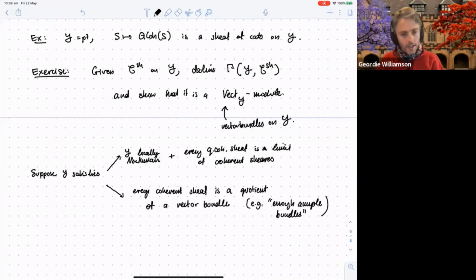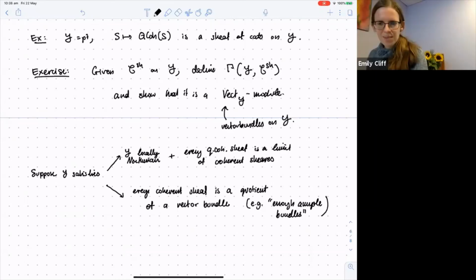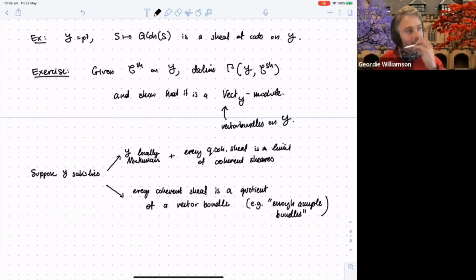Doesn't this just mean its value on affine schemes is coherent? Emily, does that sound crazy? I think Peter might be right that you might have to be careful, but I'm not sure. Why might I need to be careful?